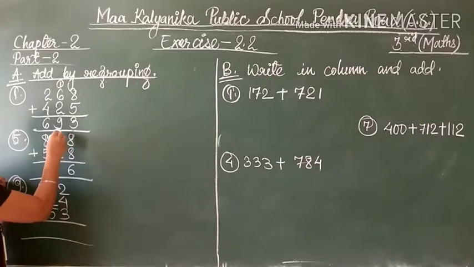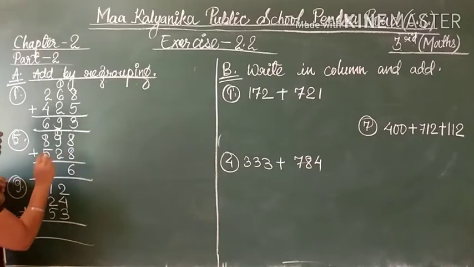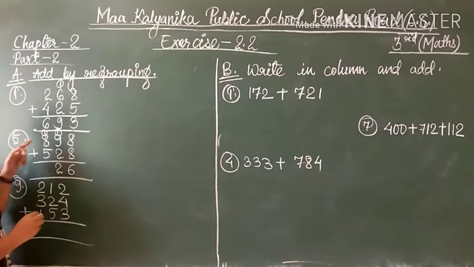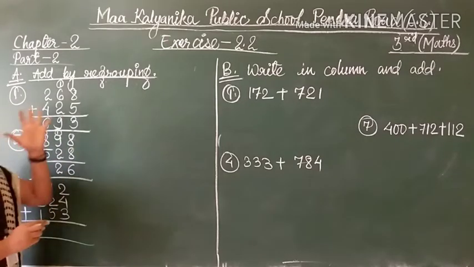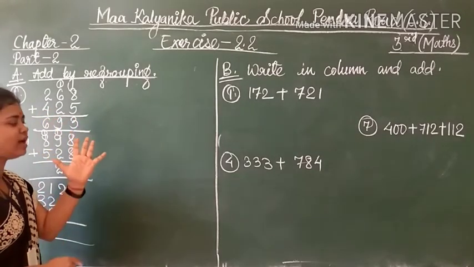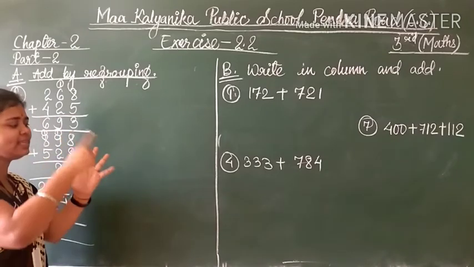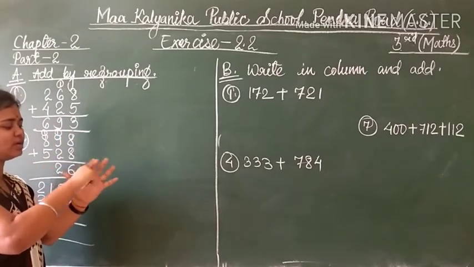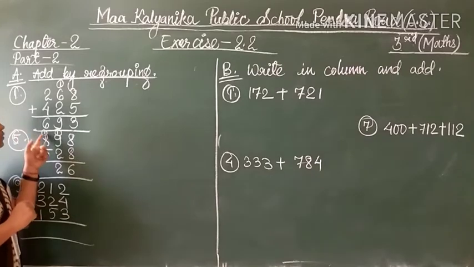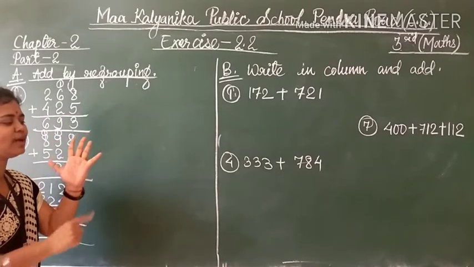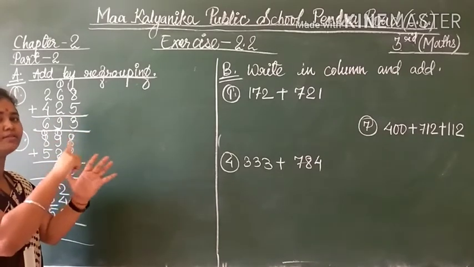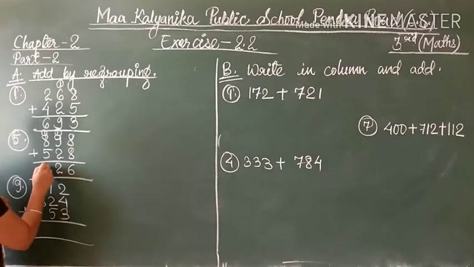Okay. Now 9 plus 1, 10. 10 plus 2, 12. 1, 2, 12. Now 8 plus 1, 9. 9 plus 5, count it. After 9, 10, 11, 12, 13, 14. Why? Because 8 plus 1 is 9. 9 plus 5, 10, 11, 12, 13, 14. 14 is coming. We will not write 14 here.